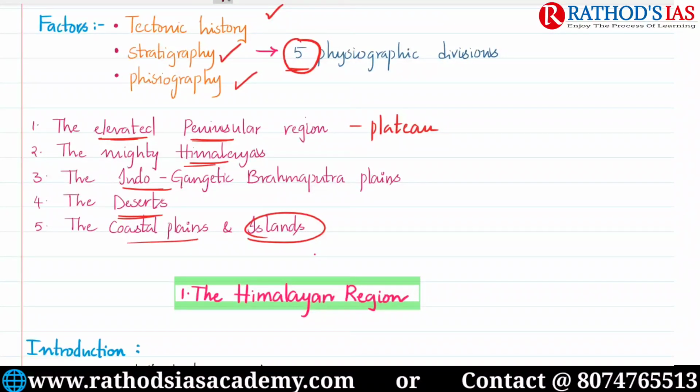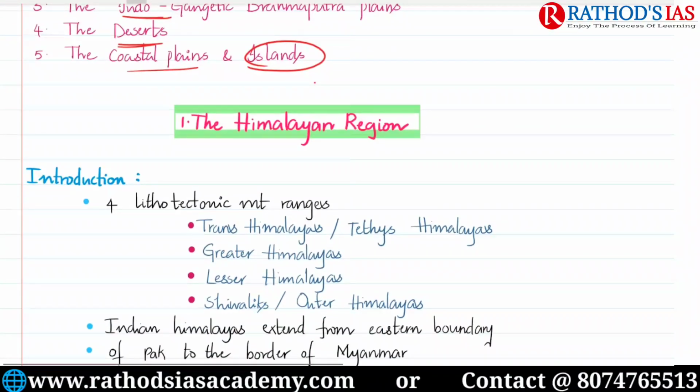We have to see each and every division in great detail from both mains and prelims point of view. In this video, we are going to see the Himalayan region. First of all, we need to know the geographical significance of the Himalayas, and some brief introduction.